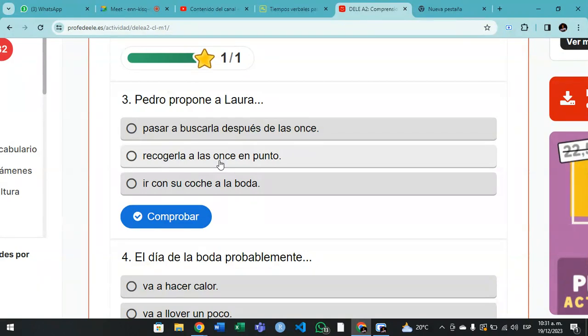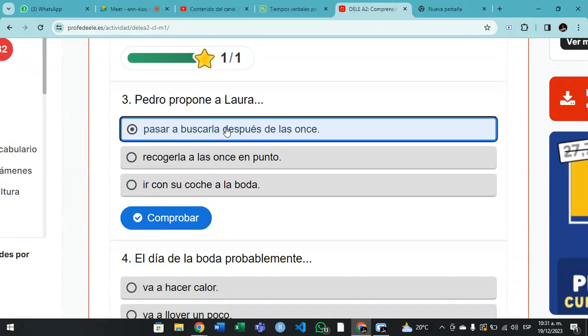I think it's A. Like, he's asking if she wants to get picked up for the wedding, right? That option tells me that Pedro proposes to Laura to go by her house to pick her up after 11.